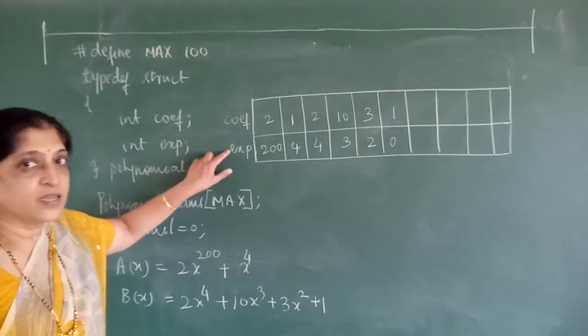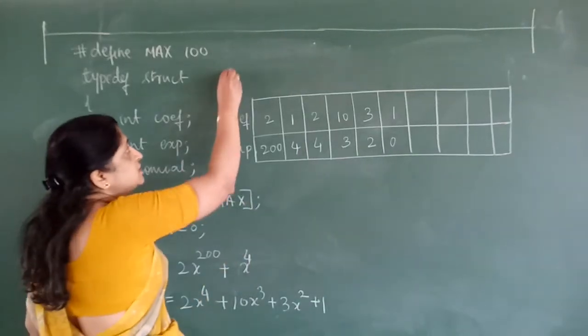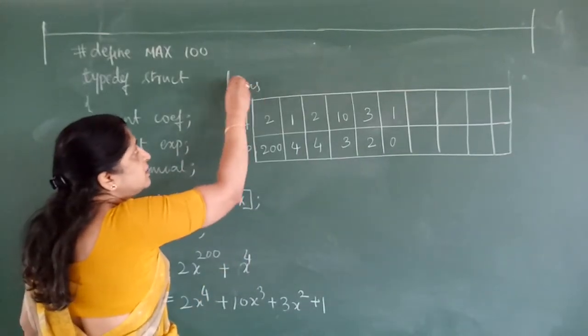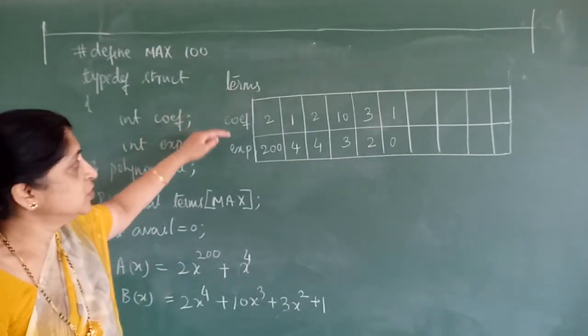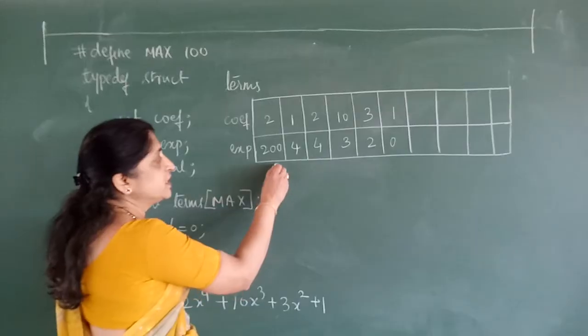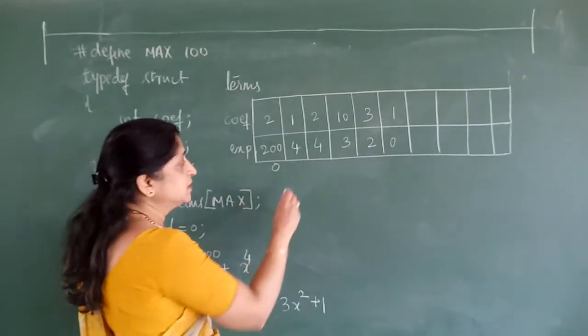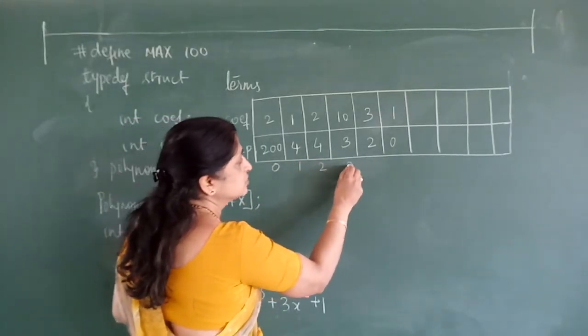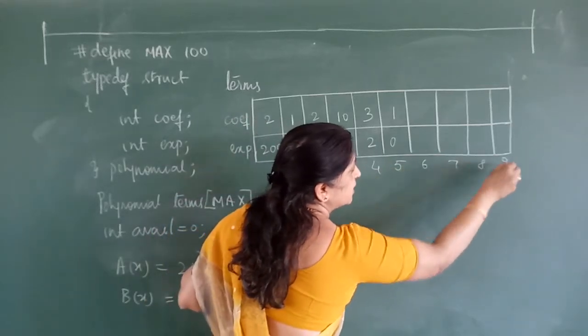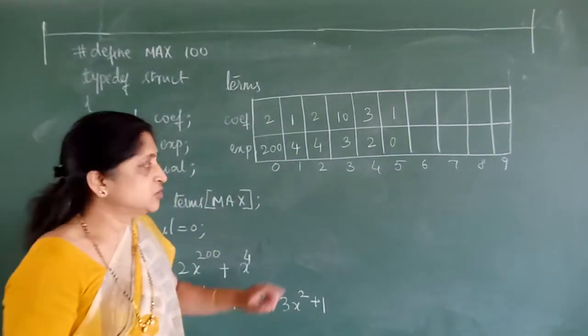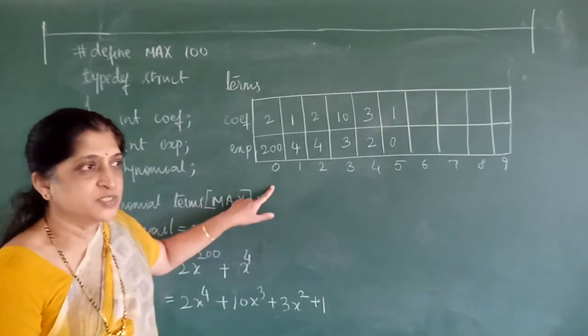So in this array, this is the terms array. It has two fields. Every element of terms has two fields. So this is the index 0 of the terms array, index 1, 2, 3, 4, 5, 6, 7, 8 and 9. So it goes on up to MAX. So this is the index of the terms array.